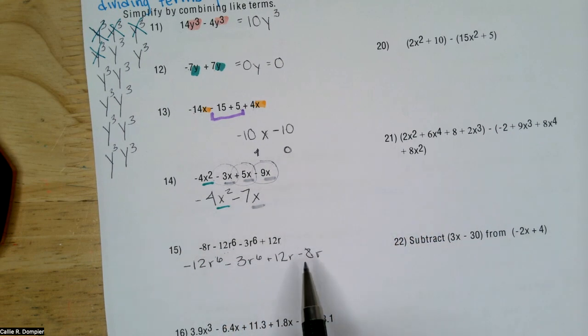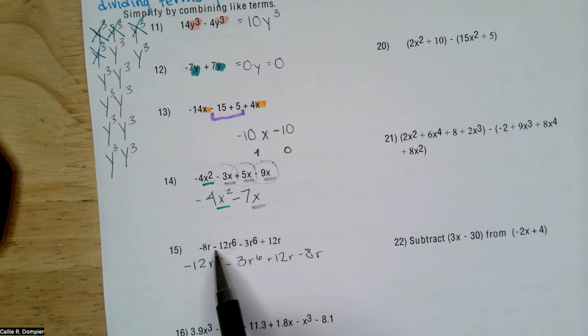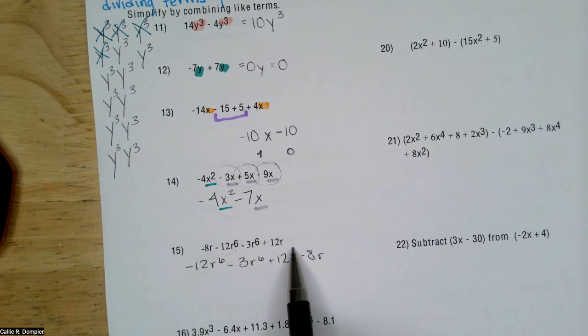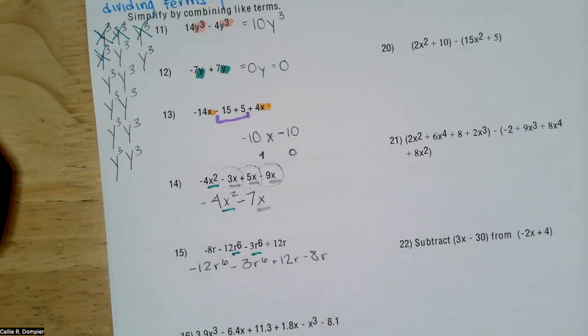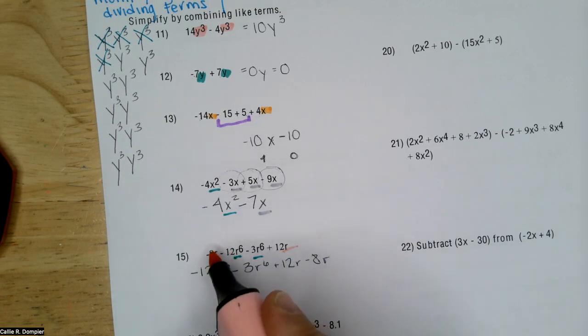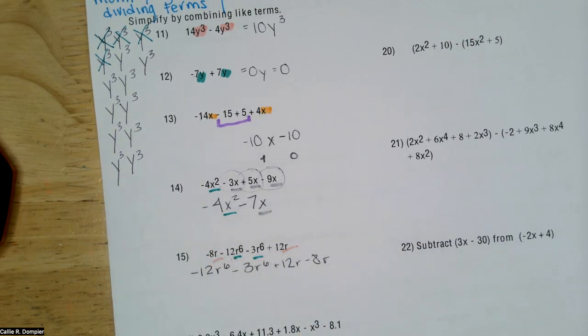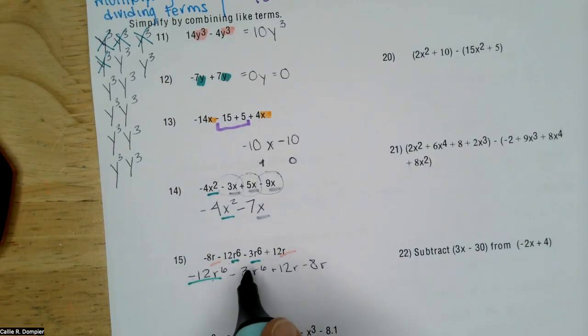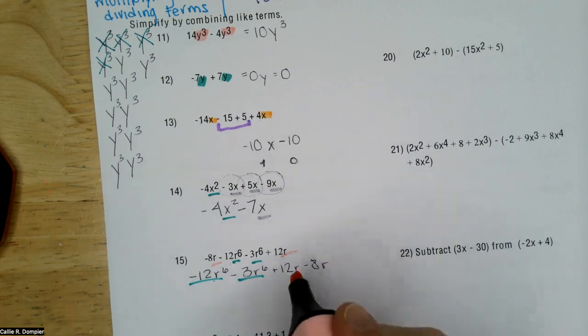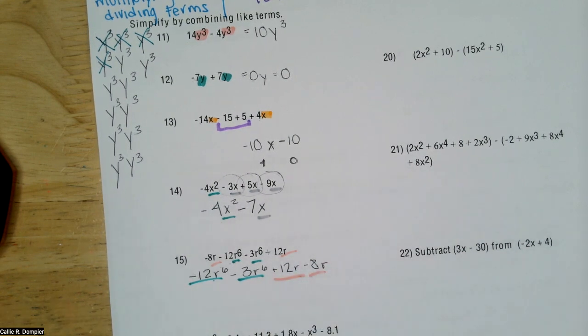You don't have to do this because it might make it more confusing for you, but now I've put them together so it's easier to combine them. I know that the r to the 6 and the r to the 6 are like terms, and I know that the r to the first and r to the first are like terms. So I grouped them. I put these two here, negative 12 minus 3, and I put these two here, positive 12 minus 8.